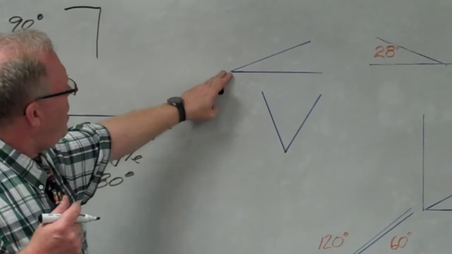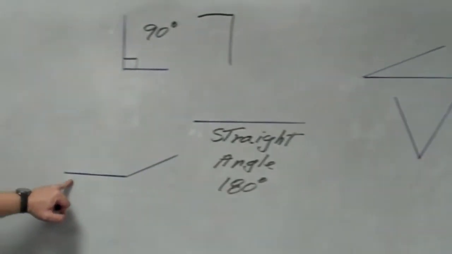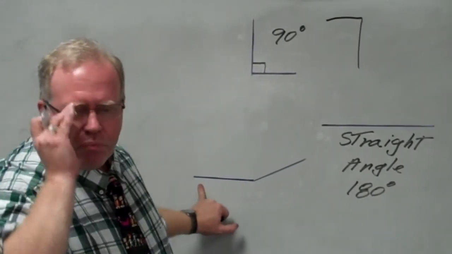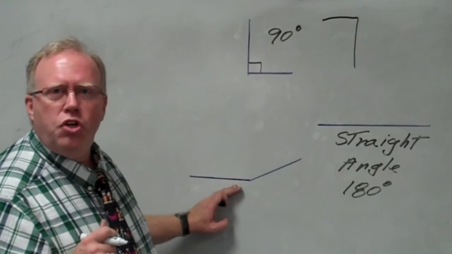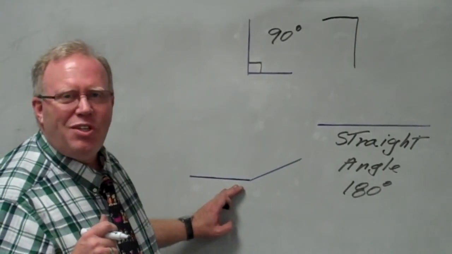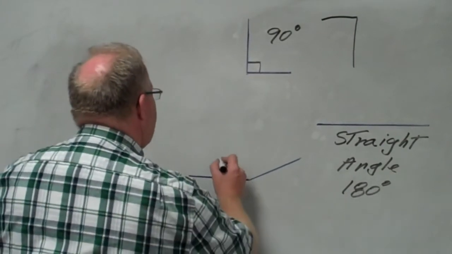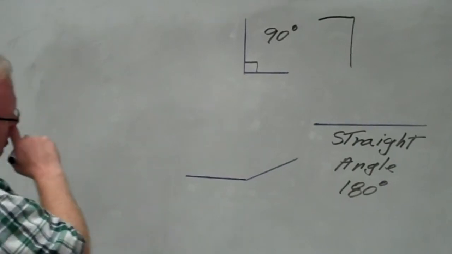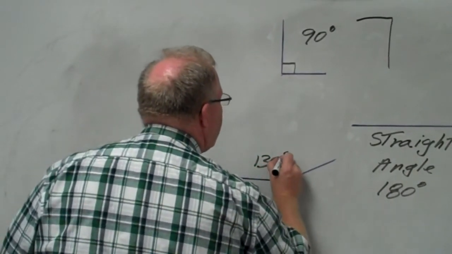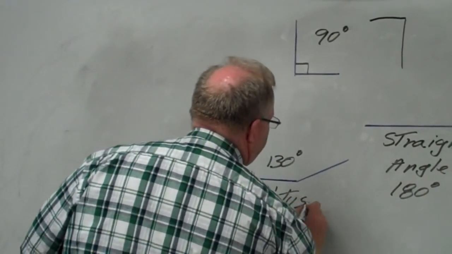Well, it's not obtuse because obtuse looks like this. And that's going to be anything larger than 90, but smaller than 180. So this would be an obtuse. I think this looks like it might be about 130 degrees, so I'm going to take a chance at that, but it's definitely an obtuse angle.